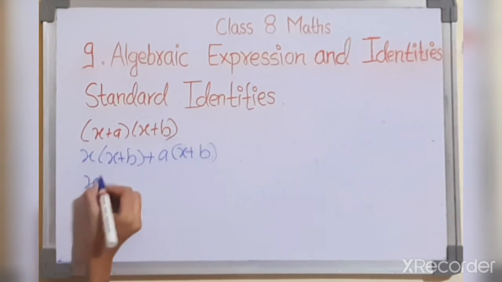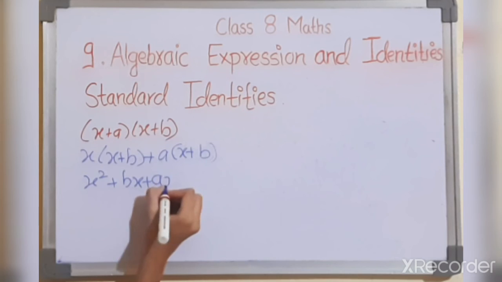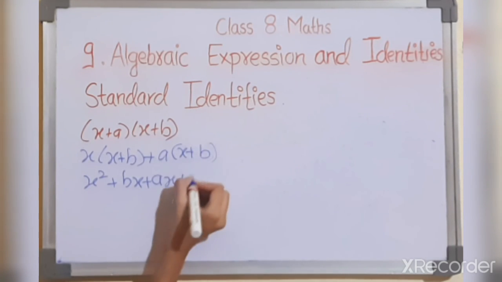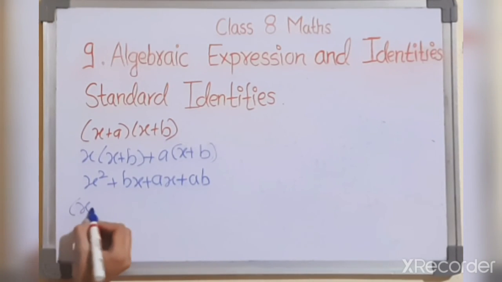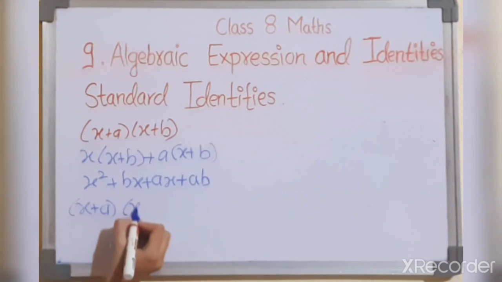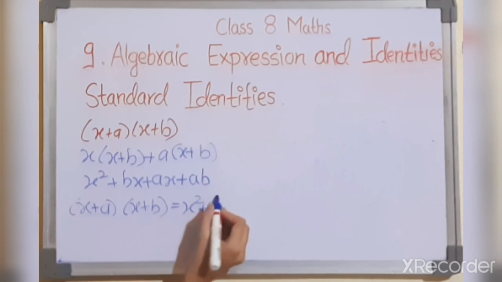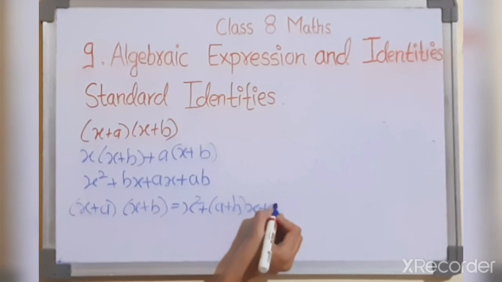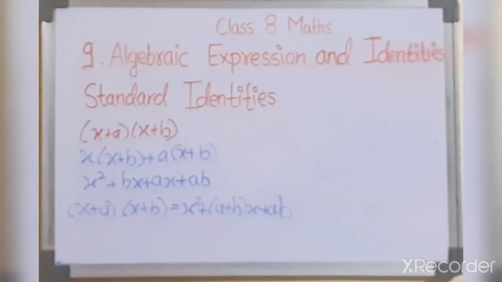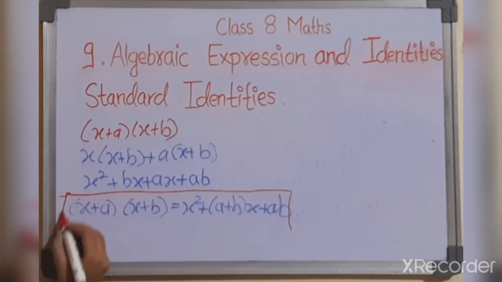That is x² + bx + ax + ab. So the identity here is (x + a)(x + b) is equal to x² + (a + b)x + ab. So these are the identities which we need to keep in mind while solving some of the questions related to this.